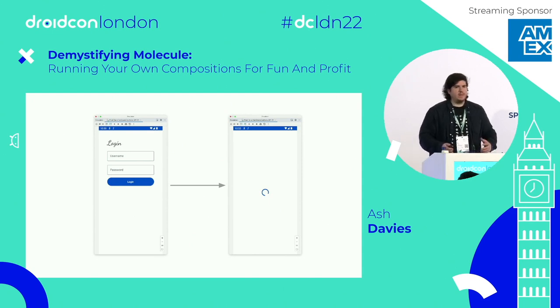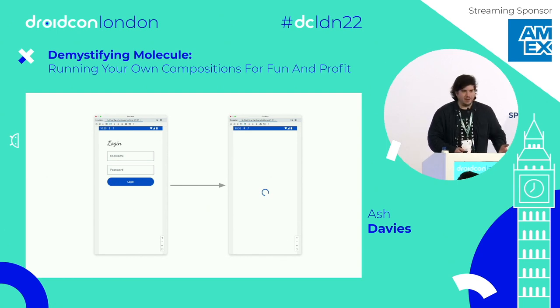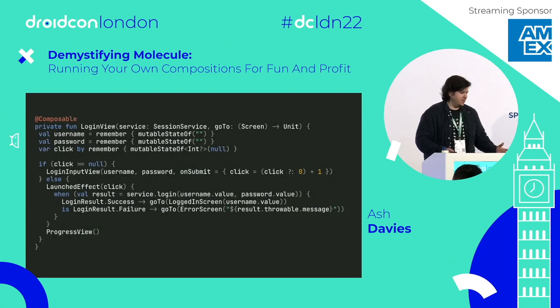Say we want to start thinking about building some domain behavior. We're still locked into the UI part here, but for example, we want to use a session service and have a progress indicator going on here. We'd have to modify this a little bit, but having everything inside this function, showing this progress indicator if we're doing something with this session service, and the username being handled by the mutable state here, everything is handled in the same lifecycle as it should be.